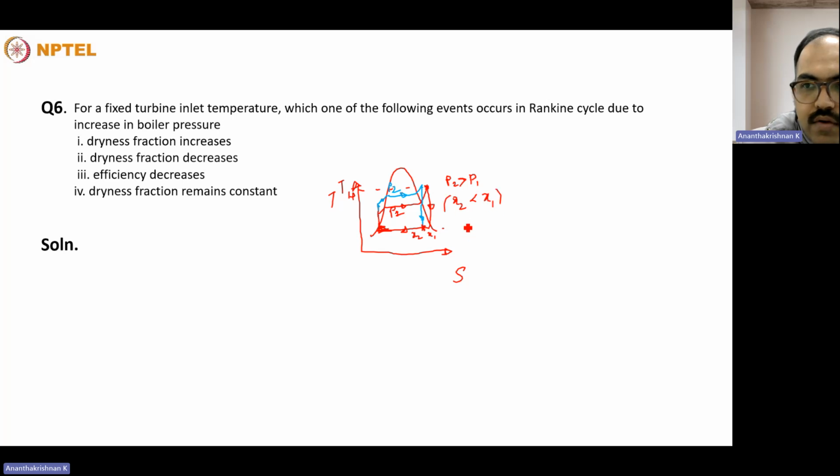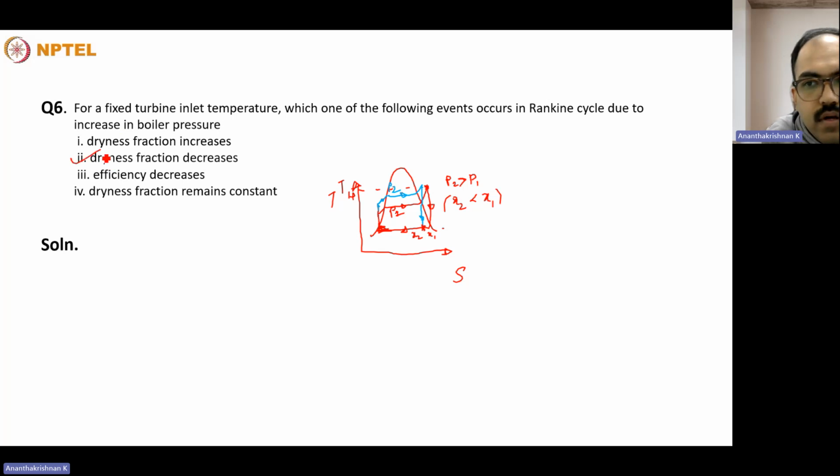So the quality of the steam at the exit, when we increase the pressure at the turbine inlet keeping a constant inlet temperature, will be lower. It's straightforward: dryness fraction decreases.